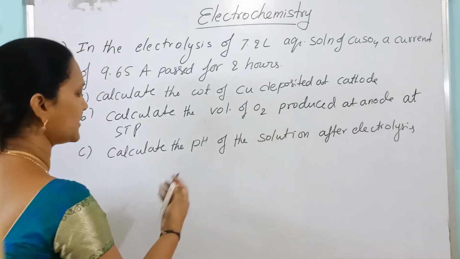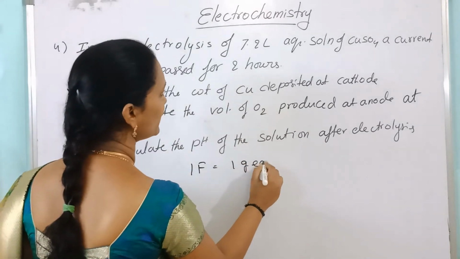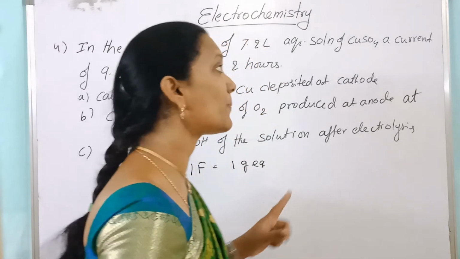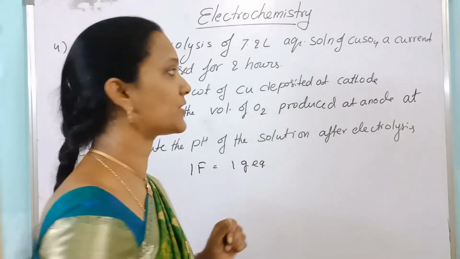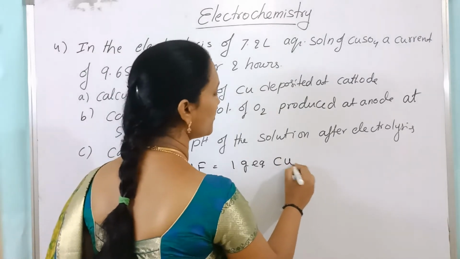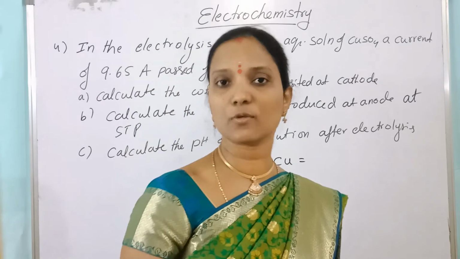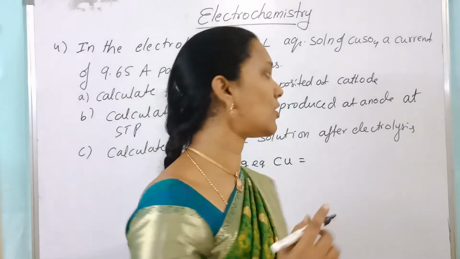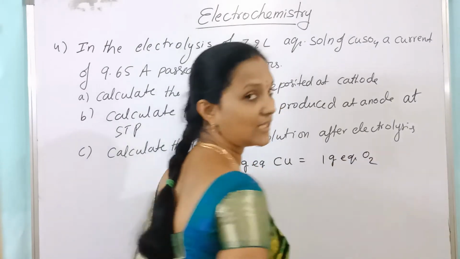Better to solve this problem like this. 1 Faraday, 1 gram equivalent, during electrolysis of copper sulfate. At the cathode, is copper deposited or hydrogen released? Copper is deposited. So 1 gram equivalent of copper is deposited. At the anode, does SO4 2 minus undergo oxidation or OH minus undergo oxidation? OH minus oxidizes to oxygen, nothing but 1 gram equivalent of oxygen releases.